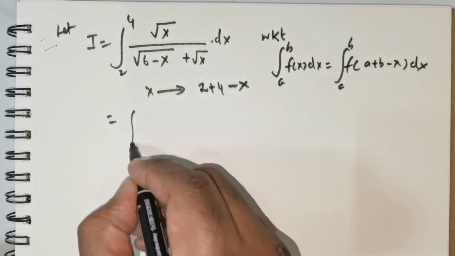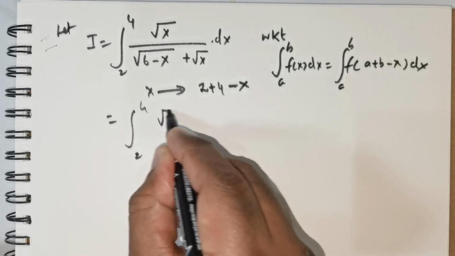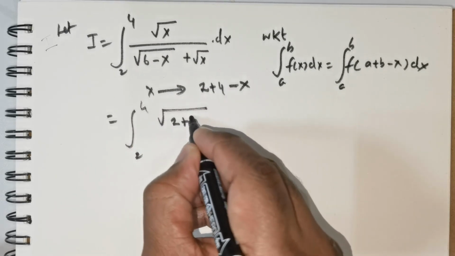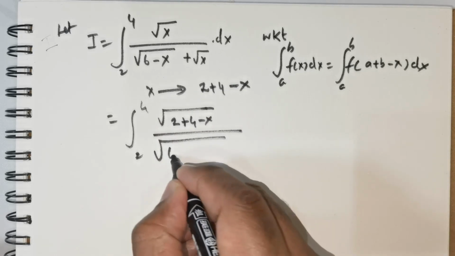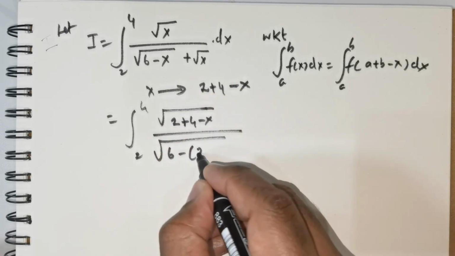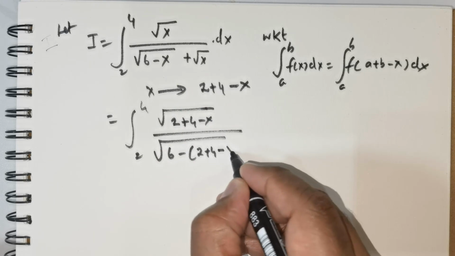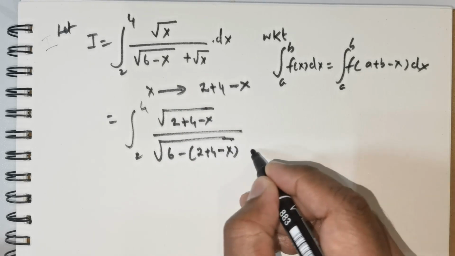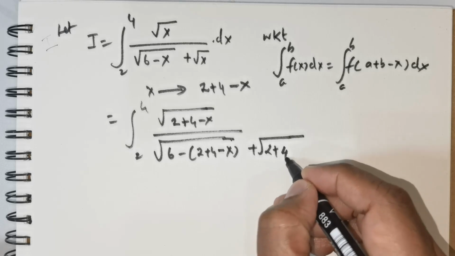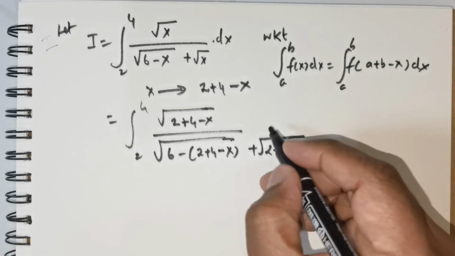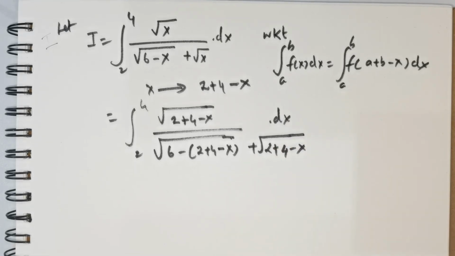So this is equal to integral 2 to 4 root of (2 + 4 − x) over root of 6 − (2 + 4 − x) plus root of (2 + 4 − x) dx.